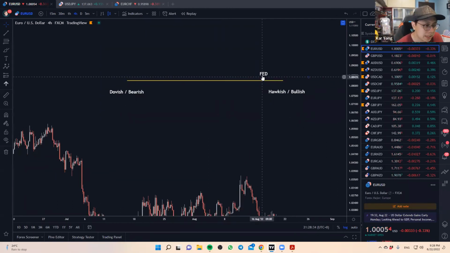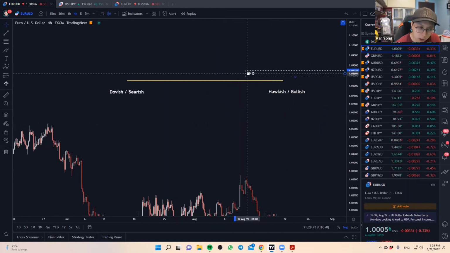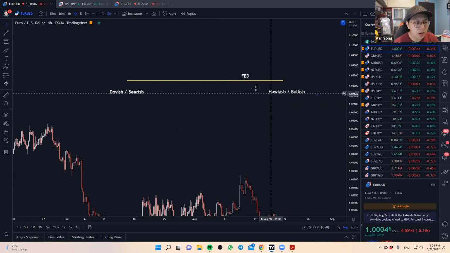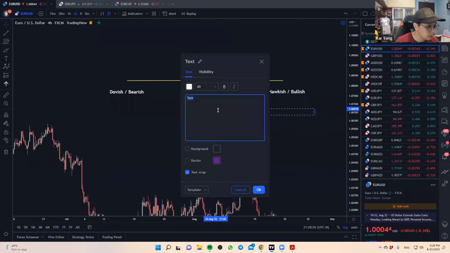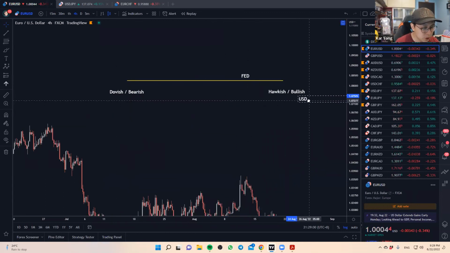So this would then push the Fed position a little bit lower on this scale, right? So it's from super hawkish to maybe hawkish, or you can see it as hawkish to less hawkish. Can you understand that, right? That would then have an impact on the dollar. Because if you take a look at it from this angle, hawkish Fed, bullish dollar, right?